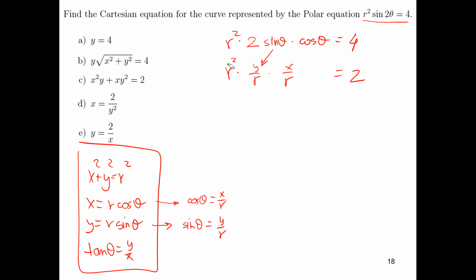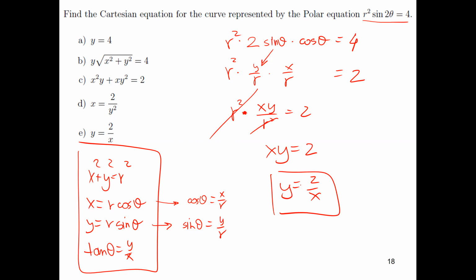That's the reason that I didn't put x squared plus cosine squared for r squared, because now I have x times y and I have r squared, and I can cancel out. Okay, x times y is 2, so y is simply 2 over x. Really nice simplification. 2 over x is just the hyperbola. But again, I will recommend to put them down.